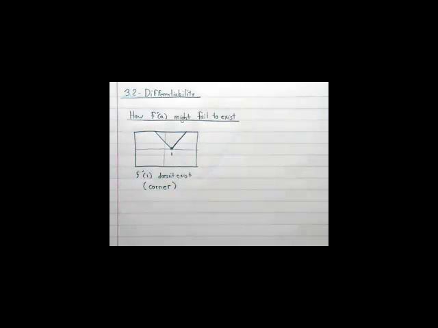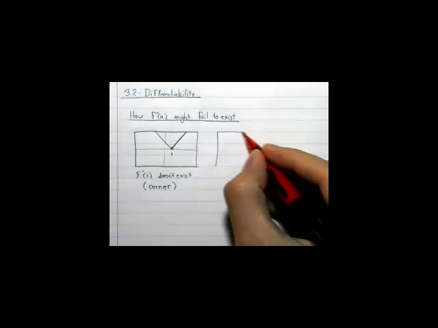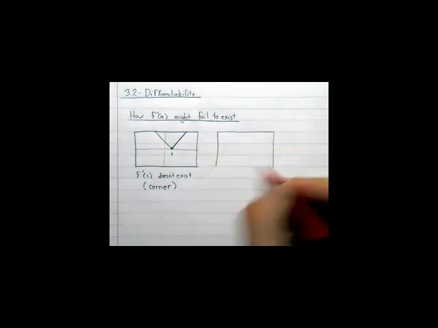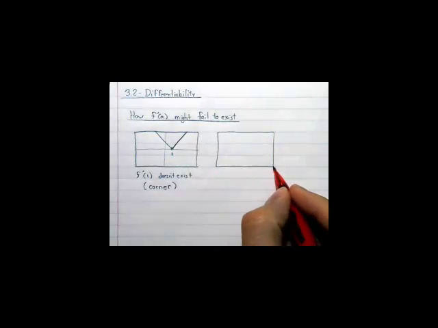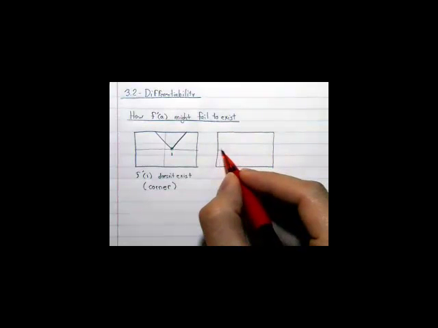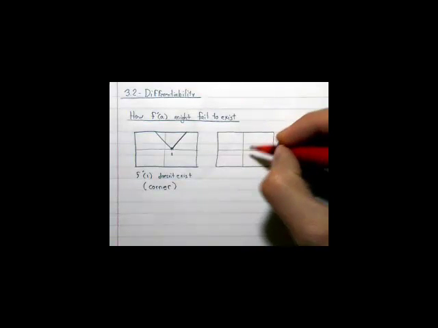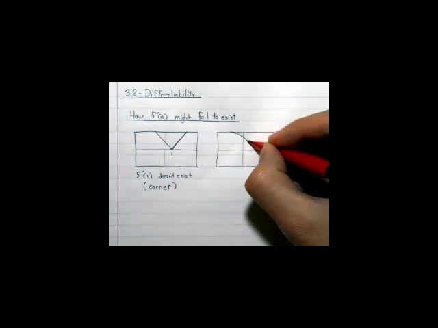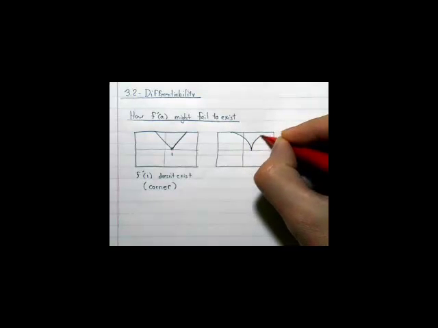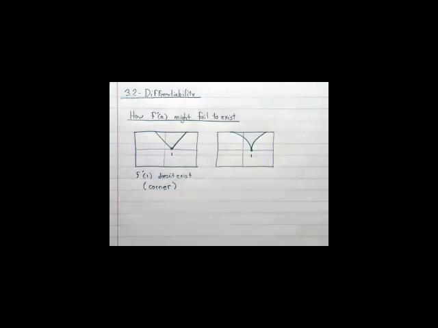Another way, very similar to this one, is something called a cusp. A cusp looks like this. Instead of two lines coming together, you have two curves that come together.